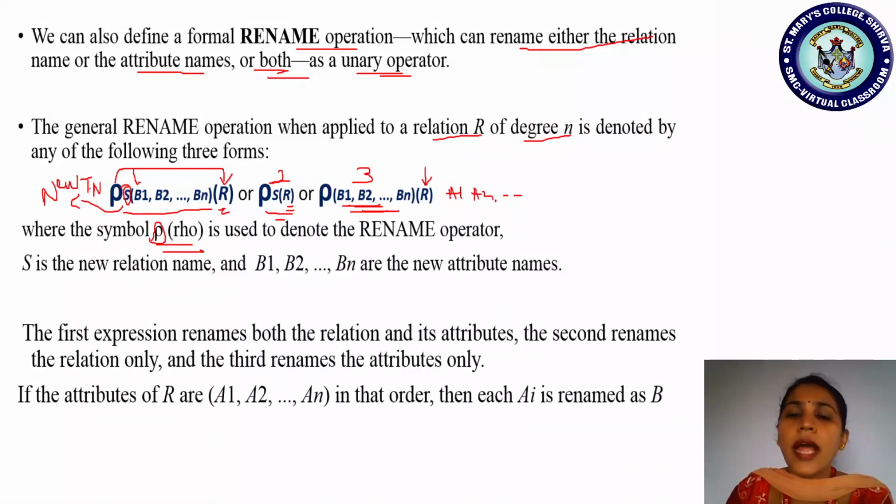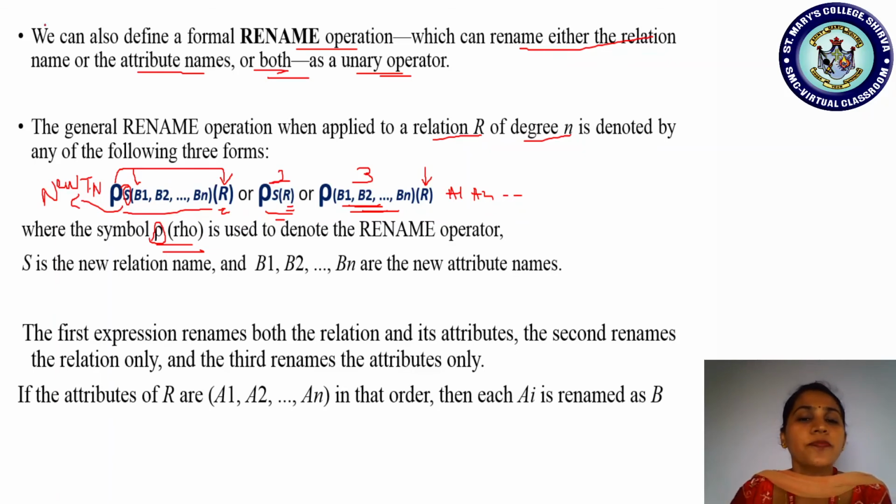Those old attribute names are changed sequentially, or replaced, by B1, B2, like that till Bn. Okay, so remember these are the three forms where we can apply a rename operation to a relation R to modify the relation name itself or to modify the attribute names.